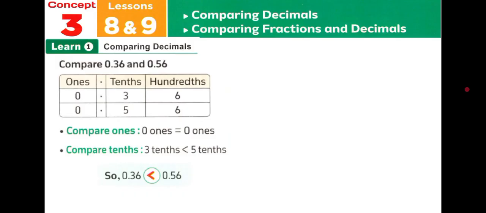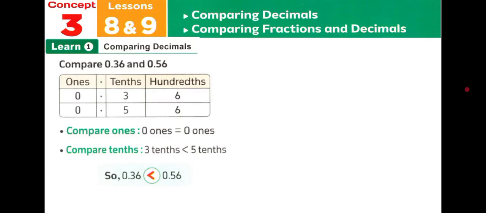To compare 0.36 and 0.56: 0.36 hundredths and 0.56 hundredths. Start comparing ones. We have 0 in ones and 0 in ones.